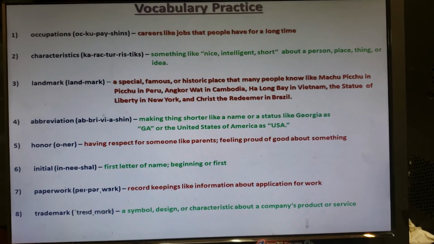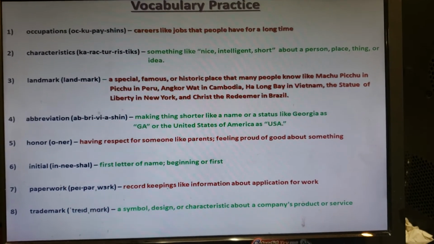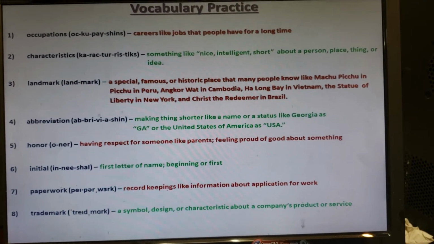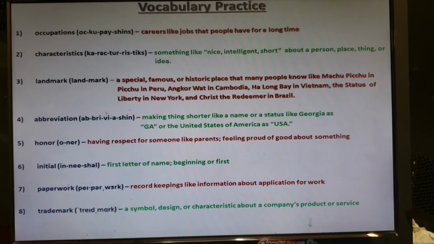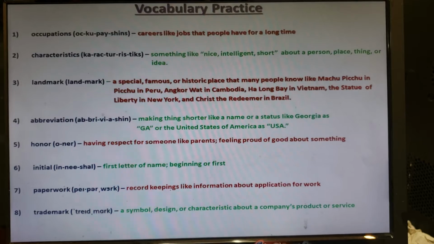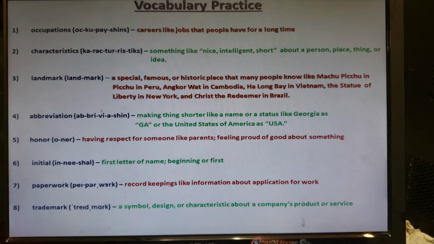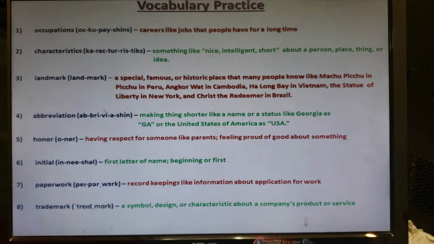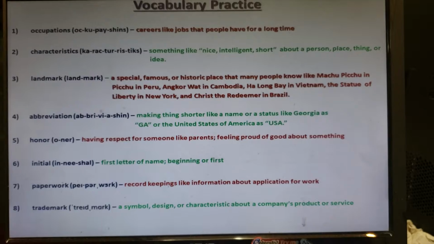Characteristics. Characteristics are unique qualities, unique traits about people, things, places, or ideas. Let's say an apple or a pear has different colors. The different color is the characteristic of each fruit.